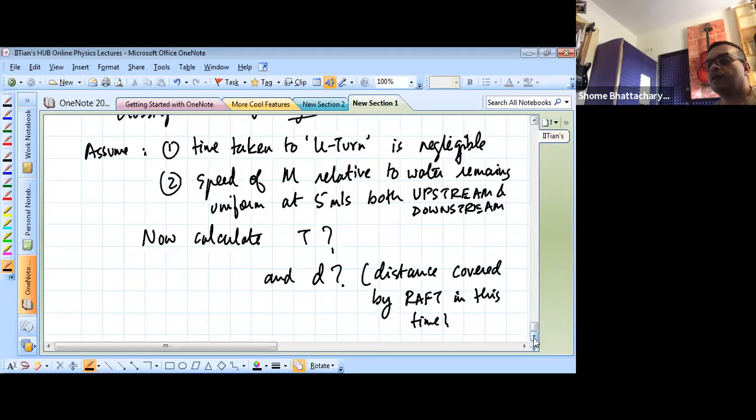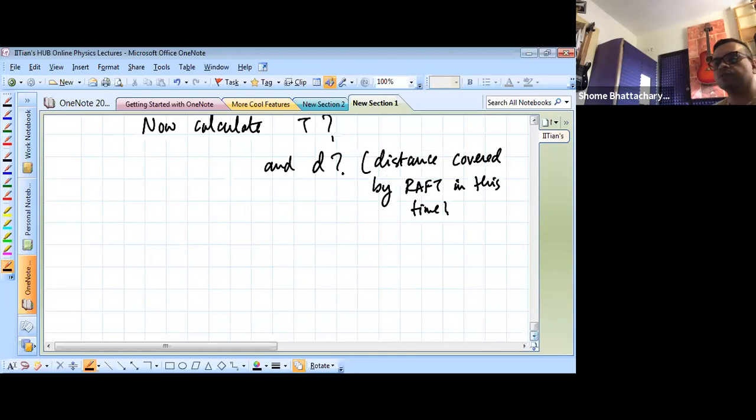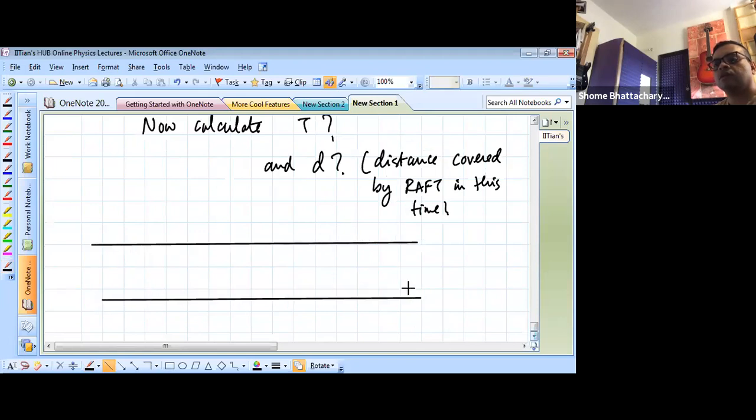Okay, so I'll take you through the question, but let me explain the diagram first. So what is happening here is at t equal to 0, the raft and the motorboat cross each other.